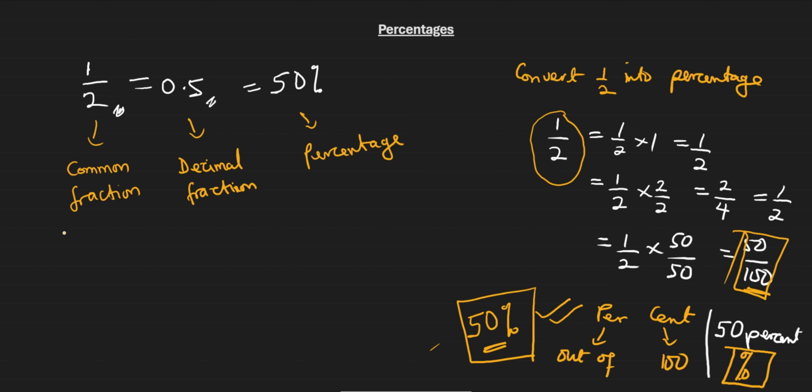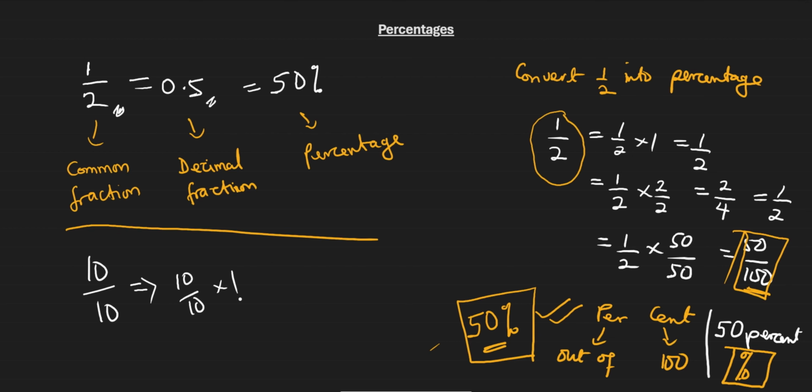Let's look at this example. Assuming I have 10 over 10 in an exam, we are saying this is equivalent to 10 over 10 times 1. And this one, 10 over 10 times 100 over 100.